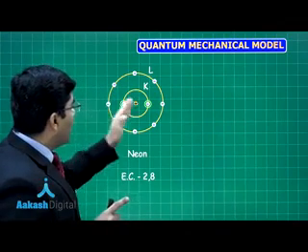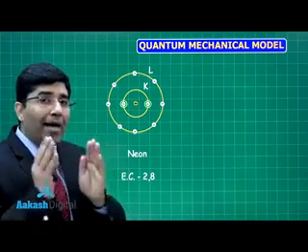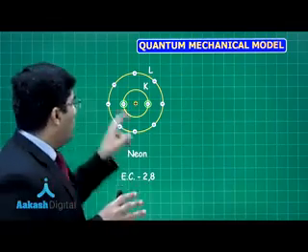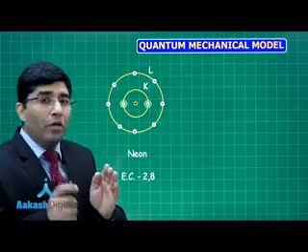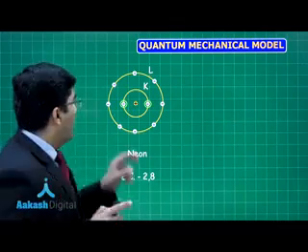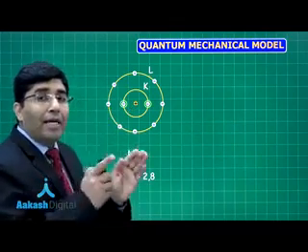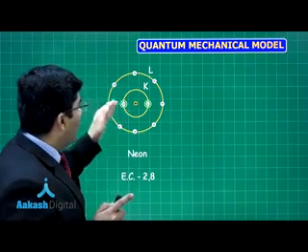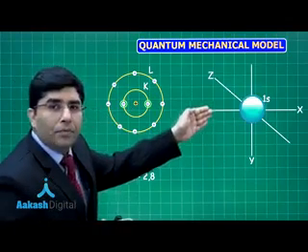We cannot say that these are 2 electrons, because according to the Heisenberg uncertainty principle there will be an uncertainty in finding the electrons in the orbit. We have discussed earlier also that we can't show these 2 electrons like this, because they will keep on changing their positions. So it will be something like this.